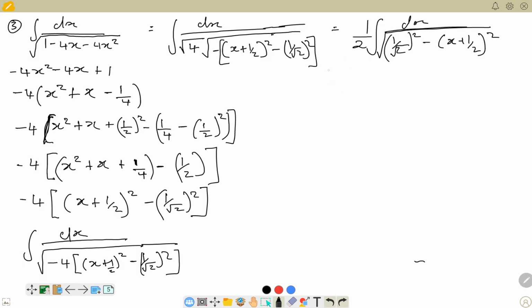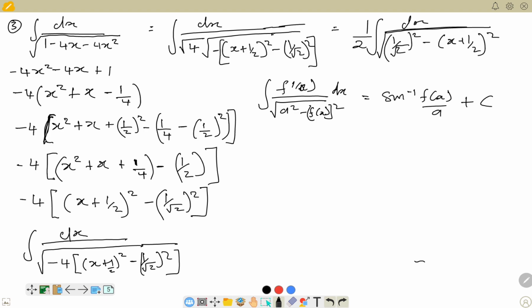So I found it to be this one: integral f of x over square root a square minus f of x square dx equals arcsine f of x over a plus c.